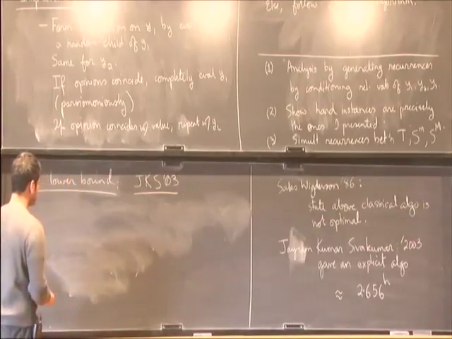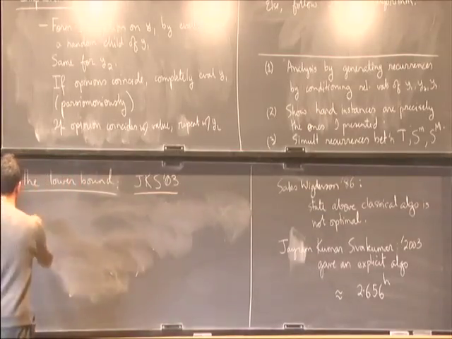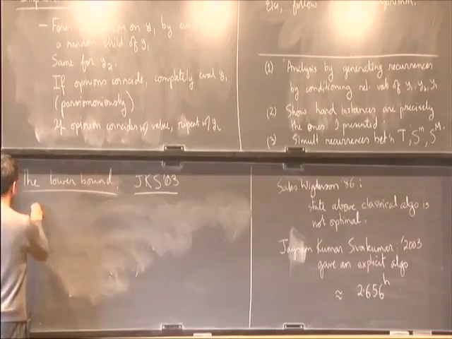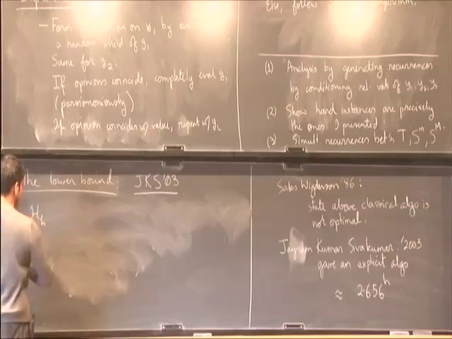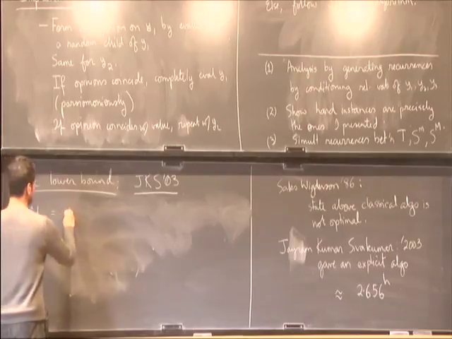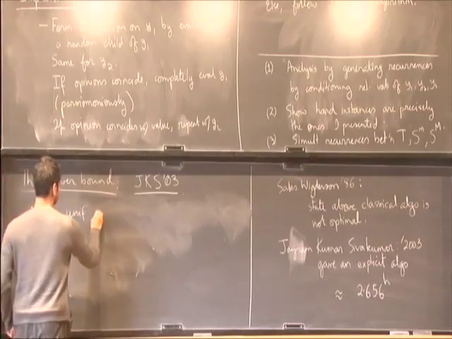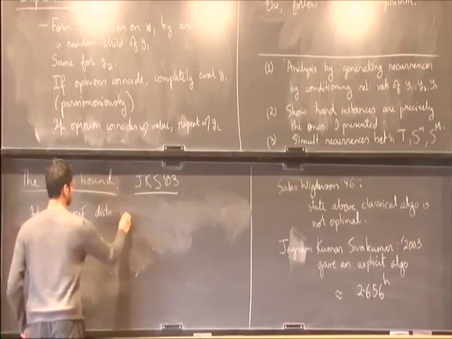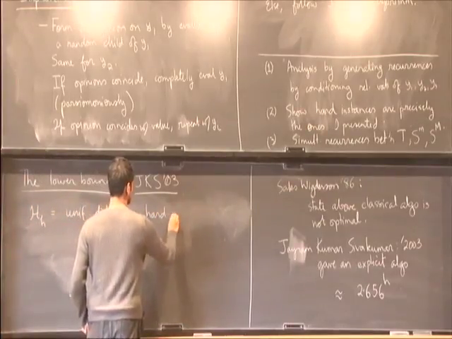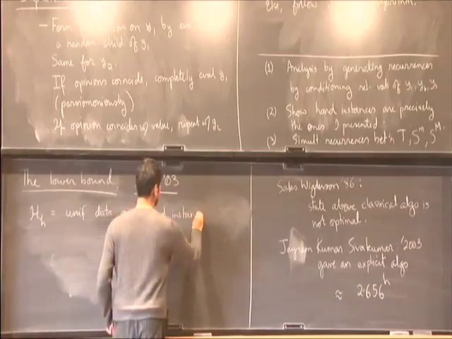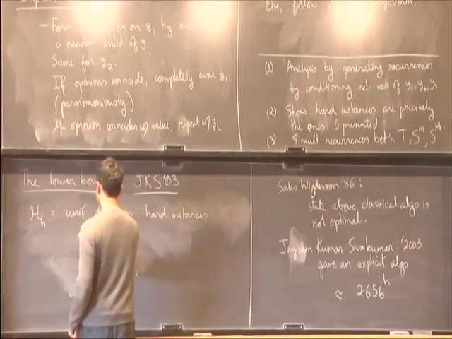So let me make a few things precise. Let me denote by script H sub h the uniform distribution on the hard instances of height h.